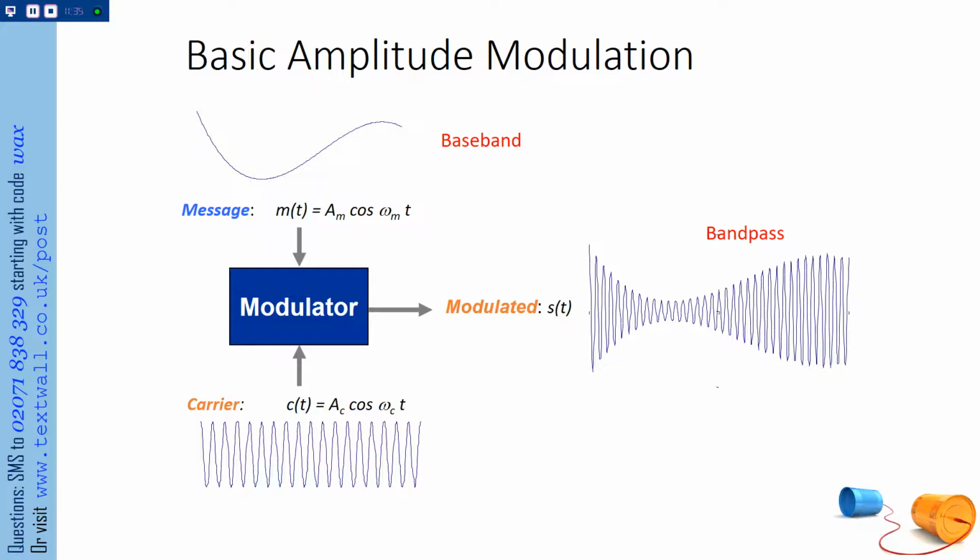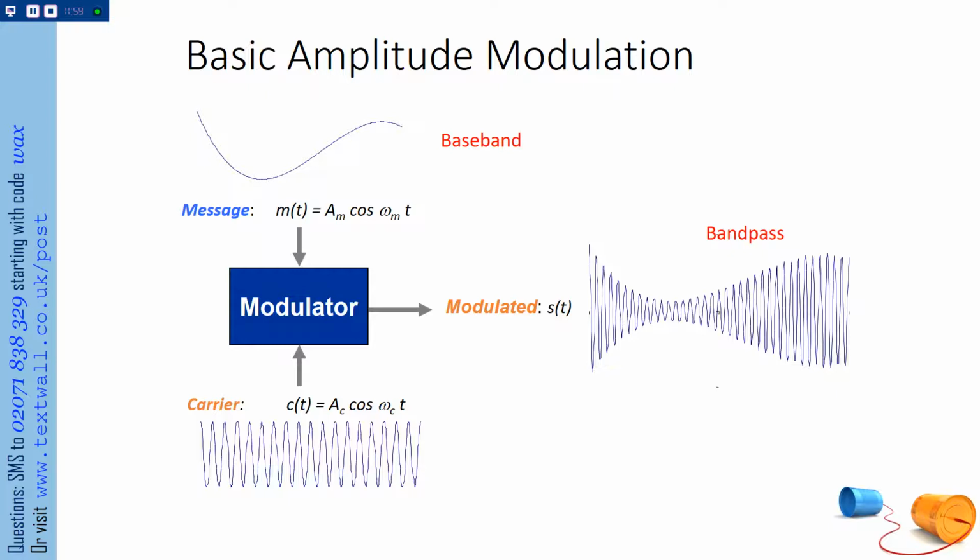I'm not going to use my voice, I'm going to use the simplest message in the world, which is simply a sine wave. So the message is no longer a voice signal, it's now cosine omega_m t. The amplitude of the message is A_m, not to be confused with AM.